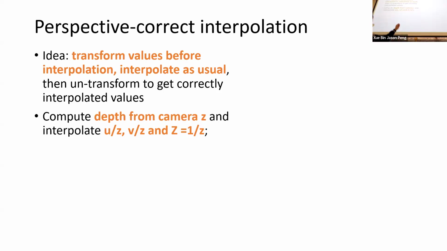If u and v correspond to the original texture coordinates of the vertices, instead of directly interpolating u and v, we are going to divide u and v by depth. So z corresponds to the distance of the point from the camera. We divide the texture coordinates by the depth first, and then we interpolate those depth projected values instead.